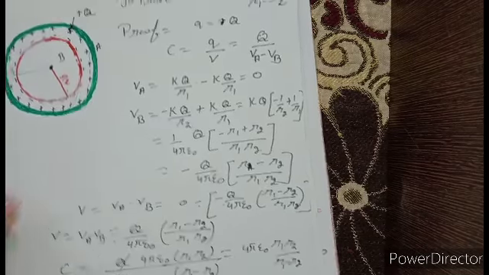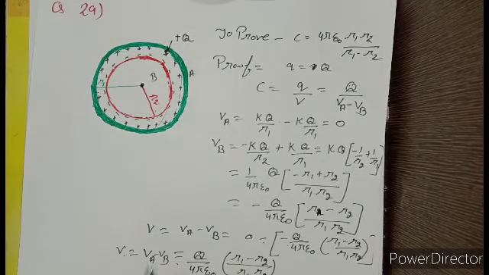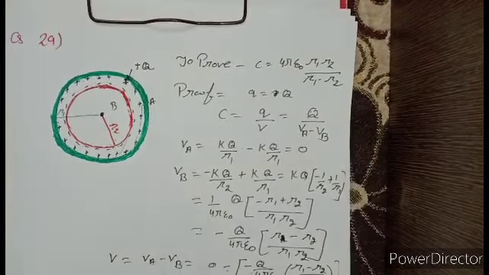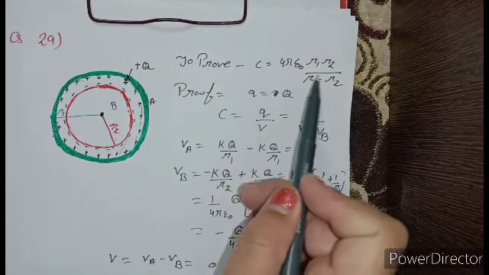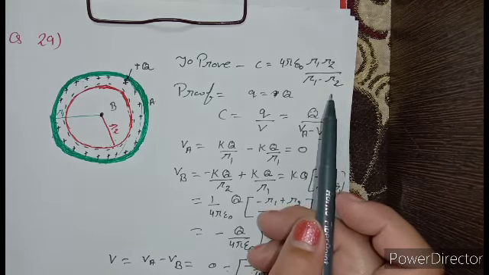Hence it is proved: in a spherical capacitor, if we have two concentric spheres with positive and negative charge like this, then the capacitance is given by 4 pi epsilon naught R1 R2 divided by R1 minus R2.